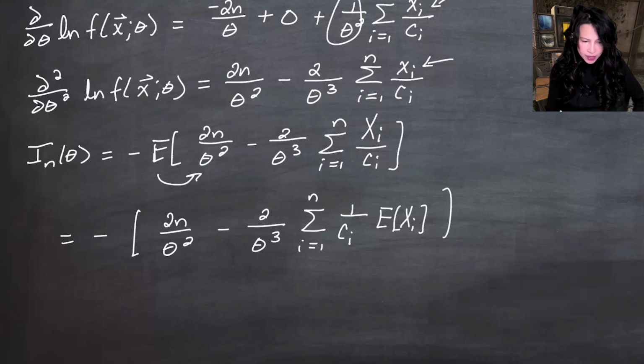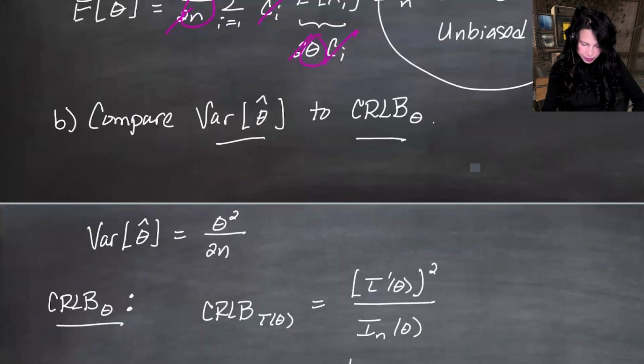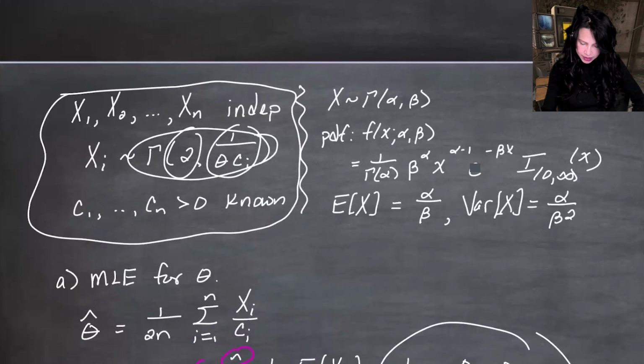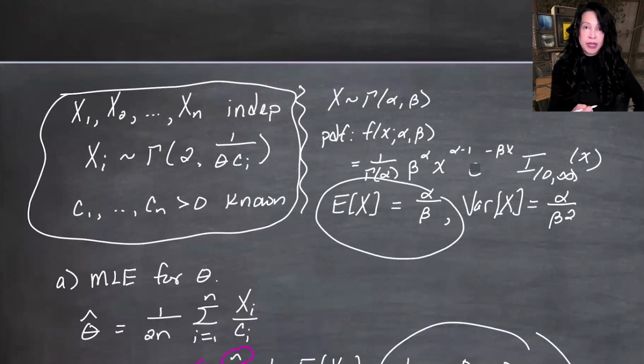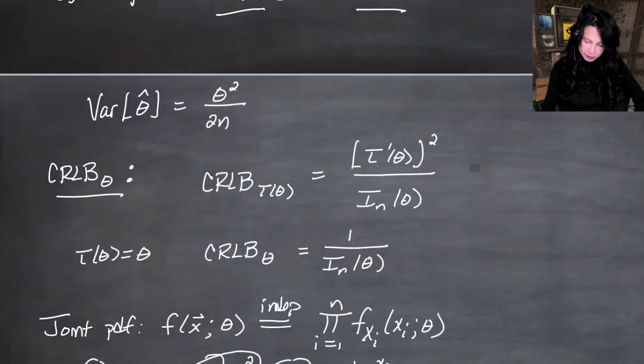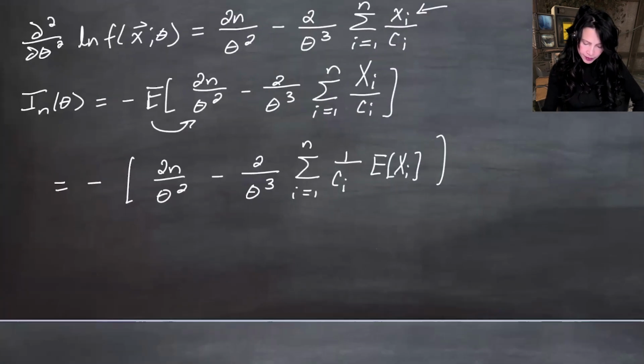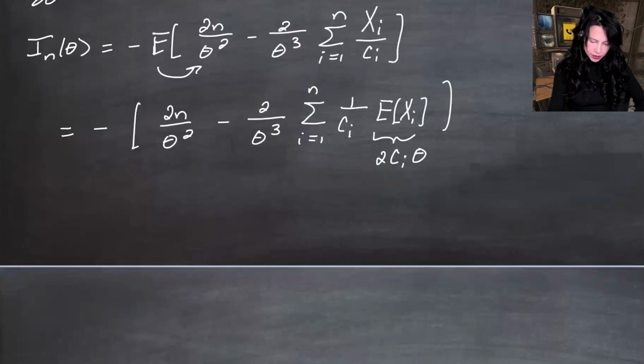And you'll recall that our expected value, maybe, I didn't recap this, but the expected value of x sub i is going to be 2 divided by that beta parameter, which is going to end up being 2 times ci theta. So this right here is 2 ci theta. Okay, so this ci is going to cancel with this ci. This 2 is in the numerator.